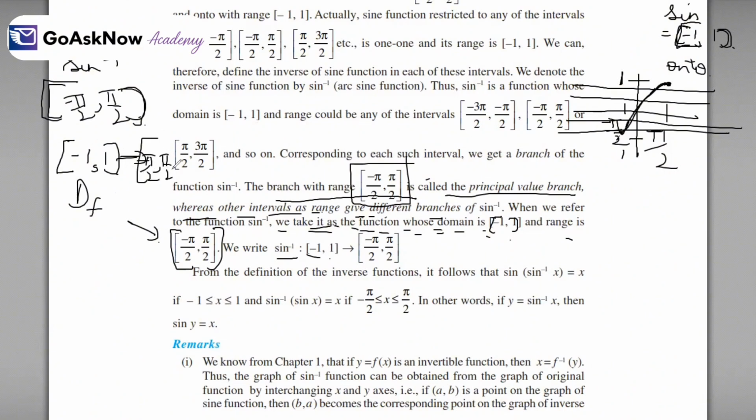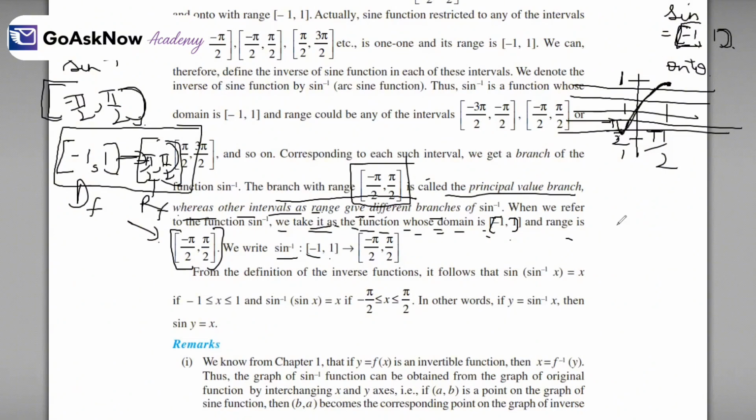So this should be remembered. Okay. Closed interval on both sides. So that is a very important formula for you, the domain and range of the sine inverse function. Okay.